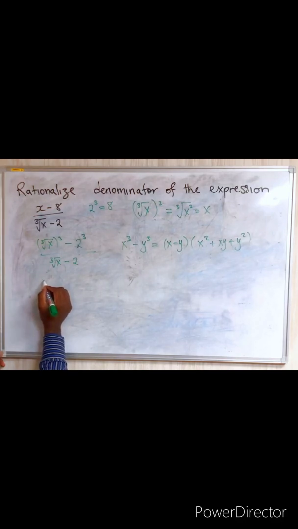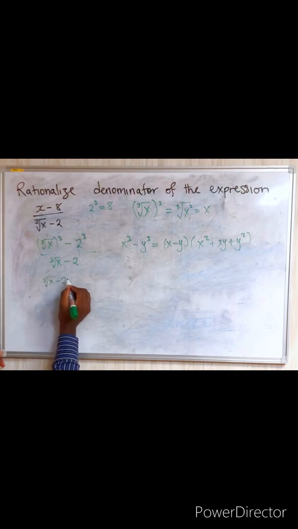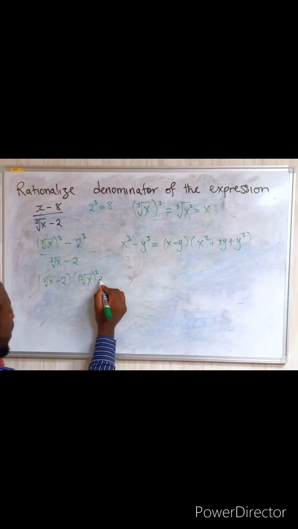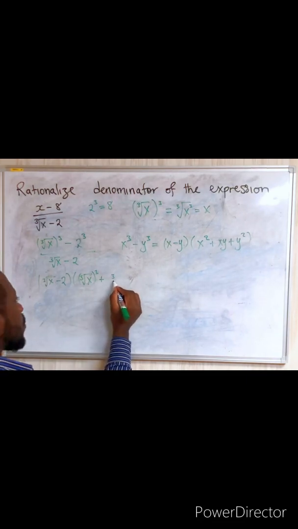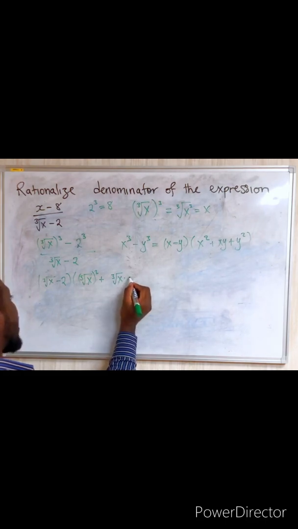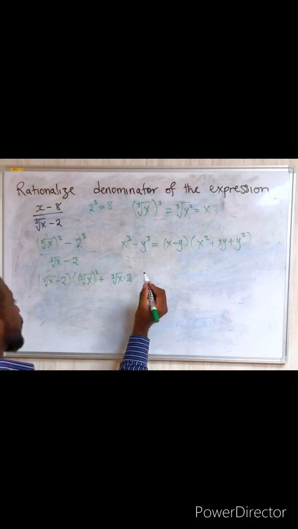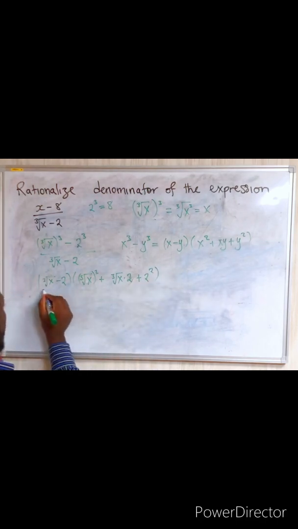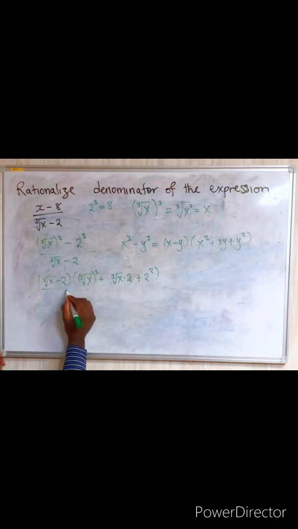We say we have third root of x minus 2 bracket, and then third root of x squared plus third root of x multiplied by 2 plus 2 to the power 2. This over third root of x minus 2.